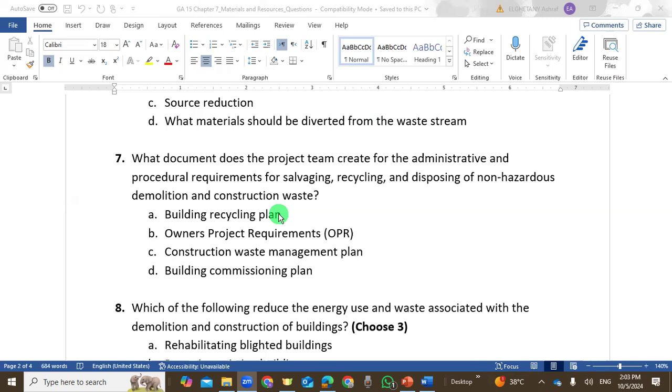What document does the project team create for the administrative and procedural requirements for salvage, recycle, disposing of non-hazardous demolition and construction waste? Building life cycle plan, owner project requirement, construction waste management plan, building commissioning plan.